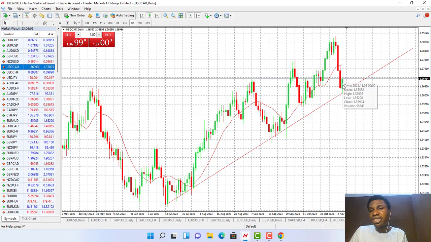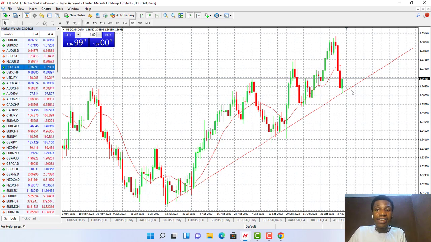You don't just go buying the market, you have to wait for a good confirmation for a buy, and you don't just go selling the market, because there is still possibility for the market to break this trend line, especially when Euro USD is buying and GBP USD is buying. USD CAD oftentimes sells.